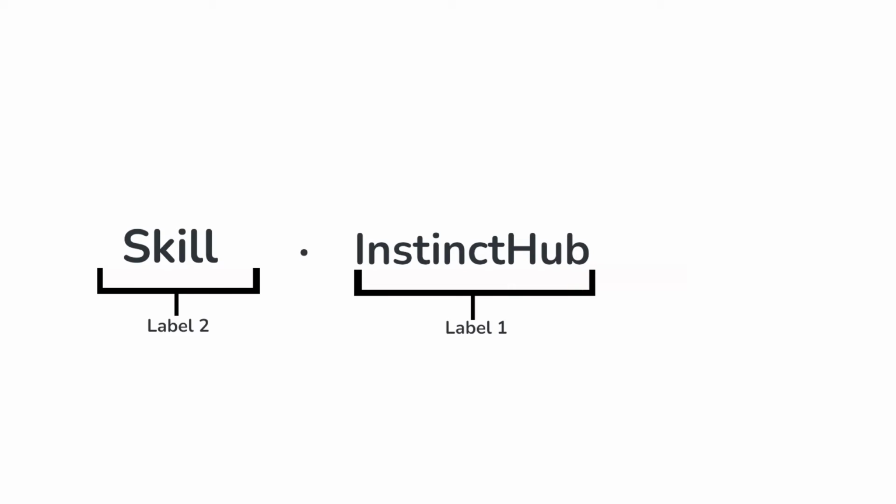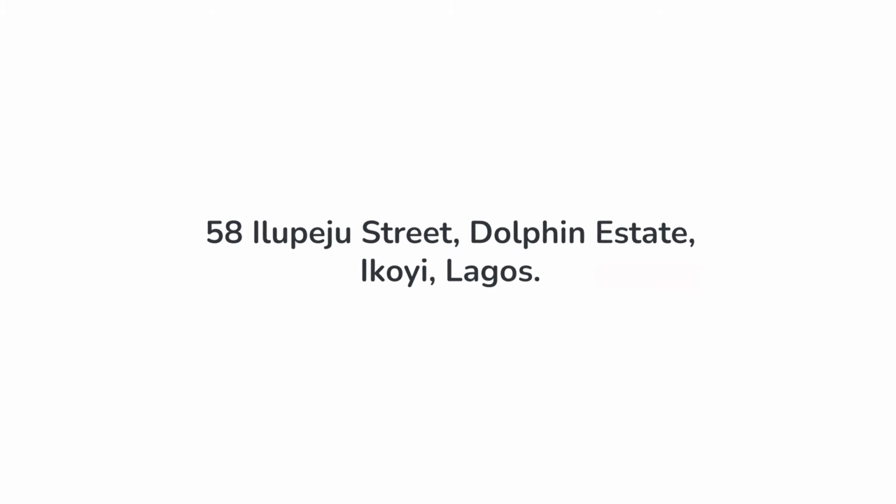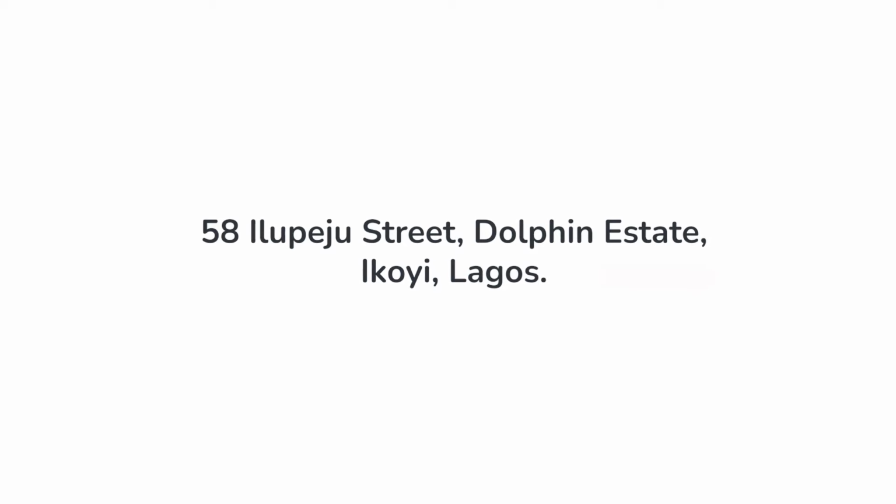Domain name is actually an internet infrastructure that allows people to locate resources easily. What do I mean? Imagine you have an address to your office. Let's say for instance, for you to come to Instinct Hub, you would have to come to number 48 Ilupeju Street, Dolphin Estate in Lagos.